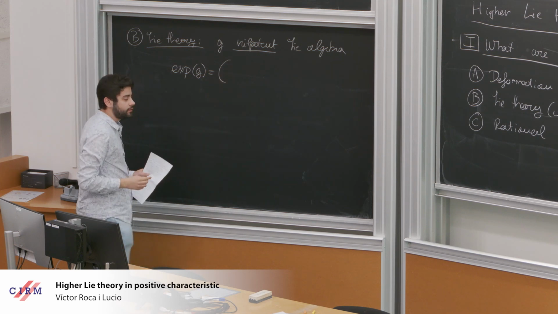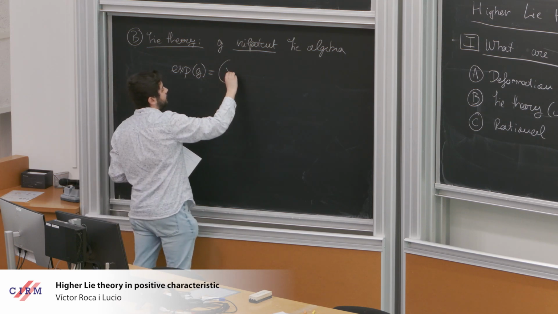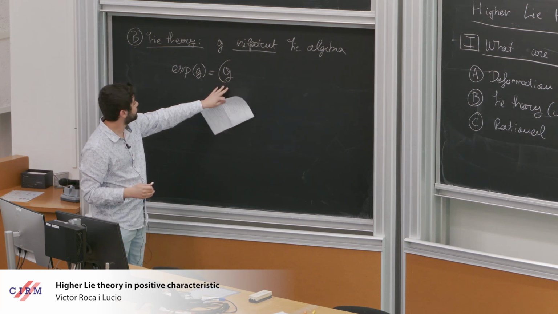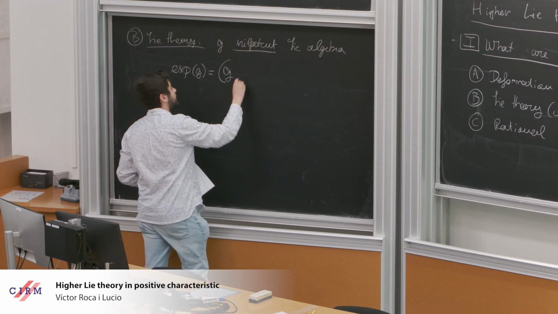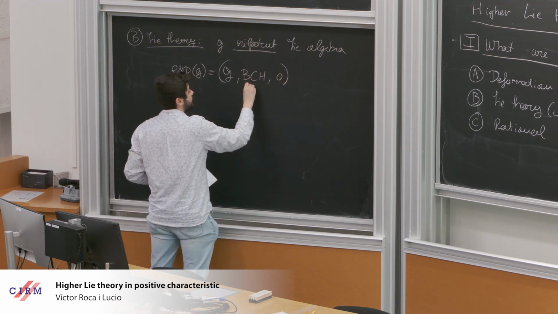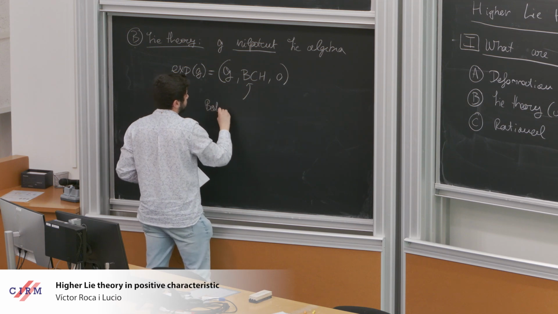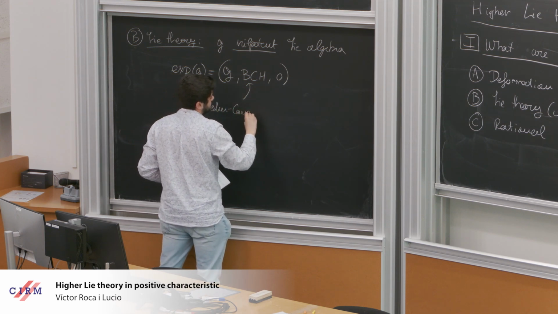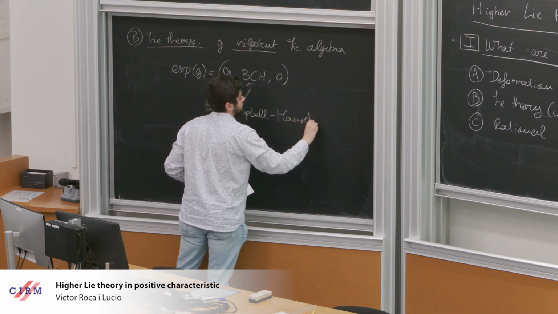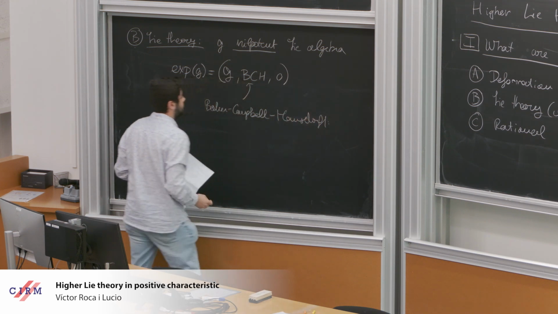I keep the same underlying vector space of g, so as a set, and I endow it with a group structure given by the Baker-Campbell-Hausdorff formula.